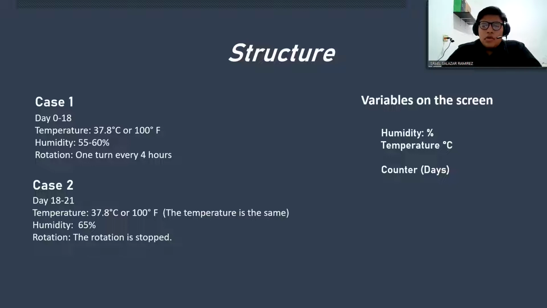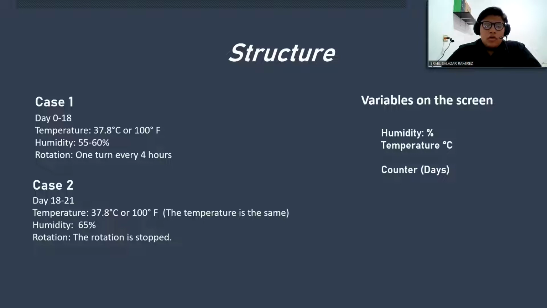So for this, I decided to create two cases. Case number one is from day 0 to 18, and case number two is from day 18 to 21. Each one has different values.